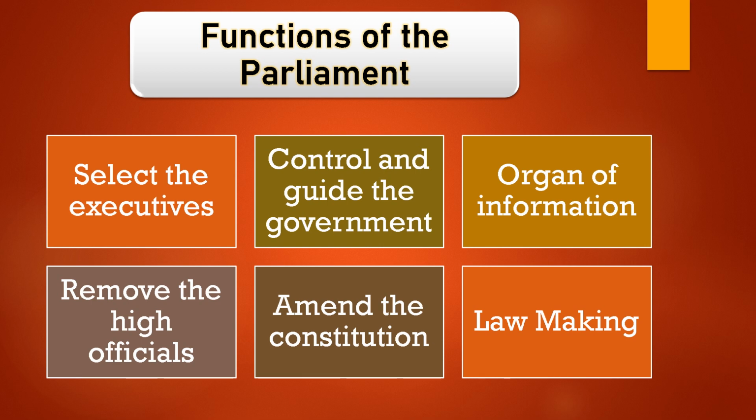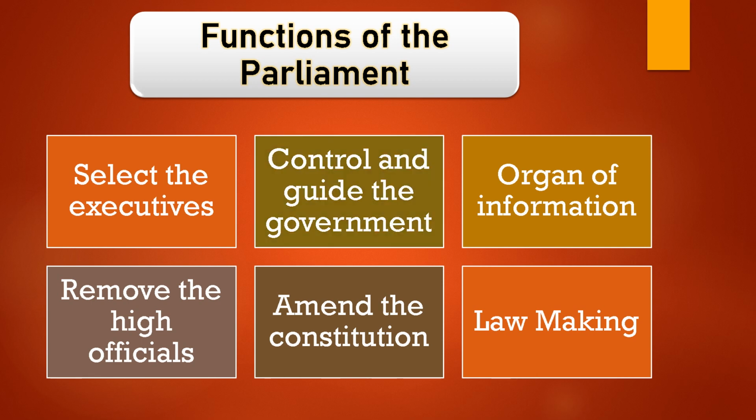He or she further selects ministers from among the MPs who belong to his party to work with him as a council of ministers or the executives, which is a group of persons who work together to implement the laws made by the parliament. These ministers take charge of various government ministries such as Ministry of Finance, Ministry of Home Affairs, etc. So select the executive is a very important function of the parliament.